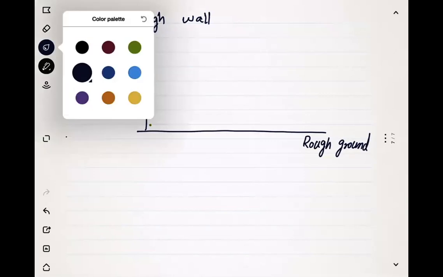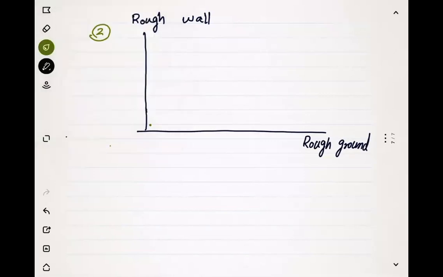Now if we keep a ladder here, this ladder will have some forces. First of all, on the rough ground, we have two forces.